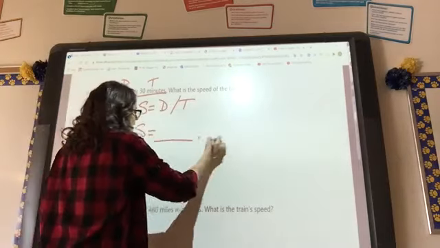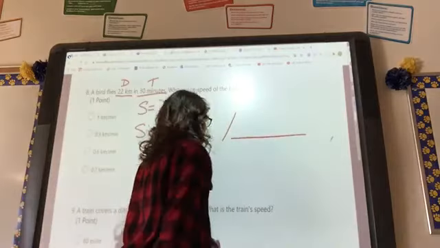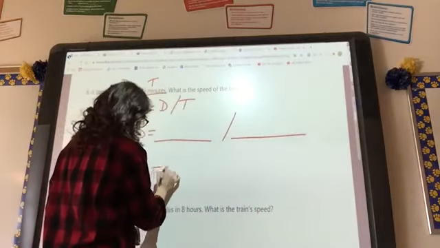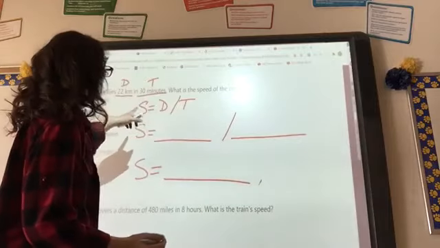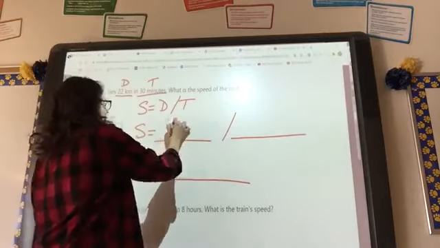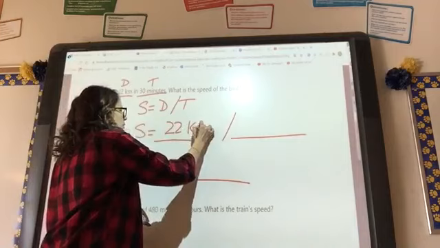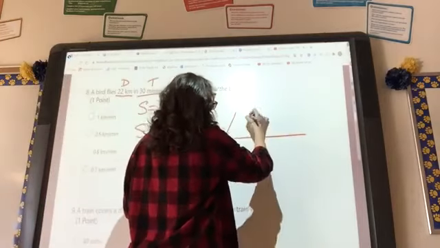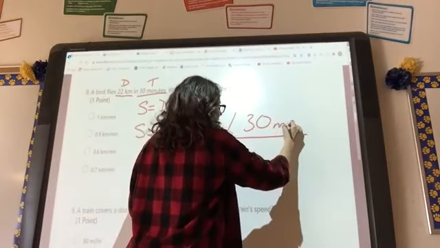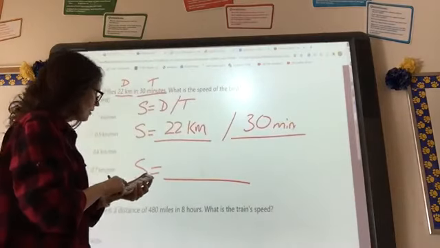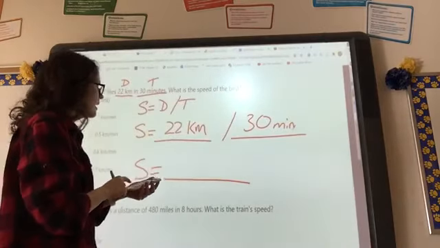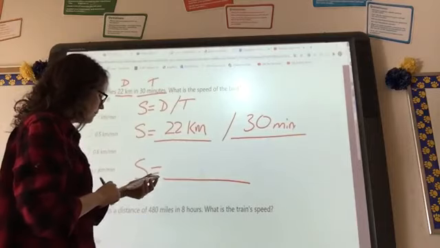Speed equals, there's our distance, there's our time, and then there is where we write our answer. Okay? Our distance, 22 kilometers. Our time, 30 minutes, so M-I-N for minutes. Do some math on that right there. So we've got 22 kilometers divided by 30 minutes.